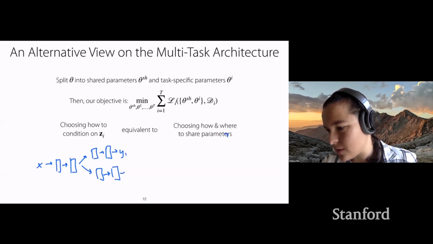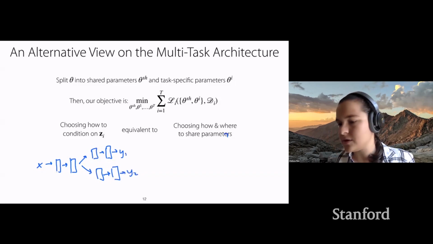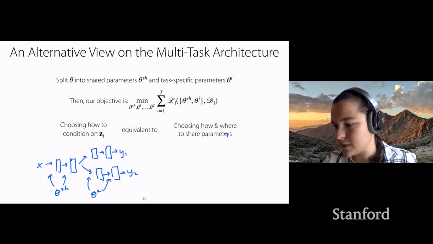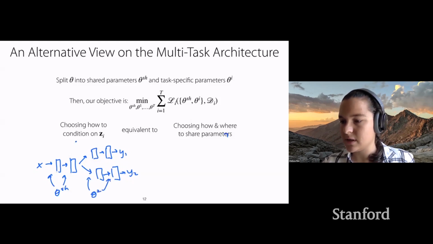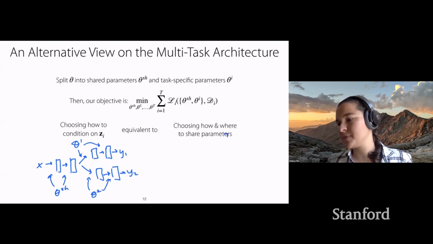We'll call this Y1 and Y2. Then you could consider each of the parameters here as your shared parameters, each of the parameters here as task-specific parameters for task 2, and likewise the parameters up here are going to be task-specific for task 1. This is one way to view how and where to share parameters.